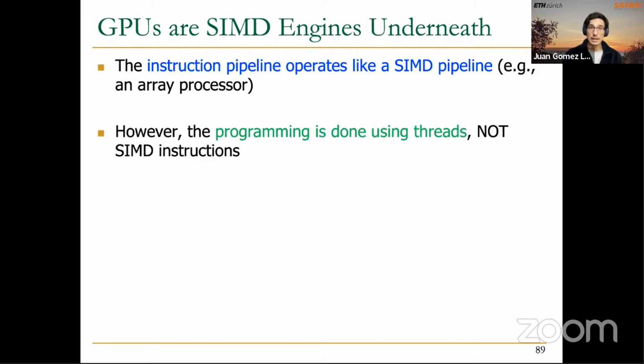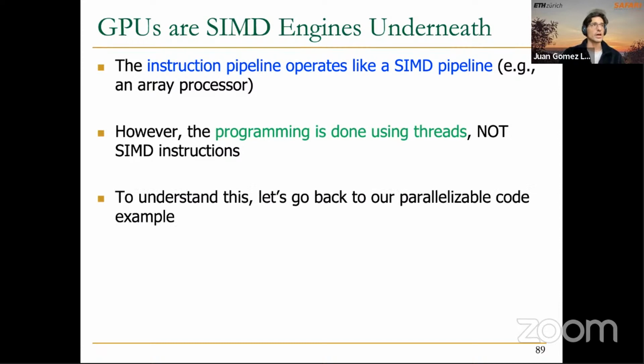As you will see, the key difference with respect to SIMD engines is not only that GPUs use fine-grained multithreading, but also the way that we program them. We are not going to use vector or SIMD instructions here anymore. We are going to program in a much easier way, using threads.